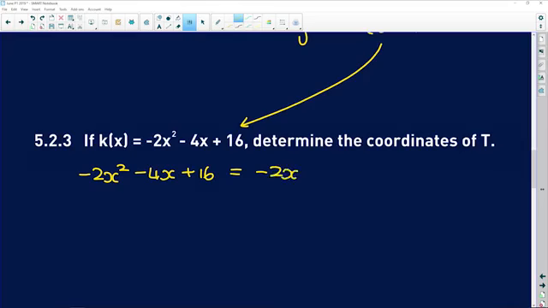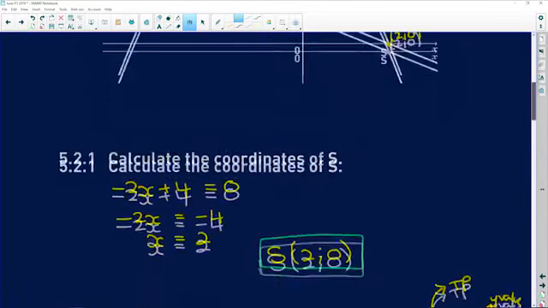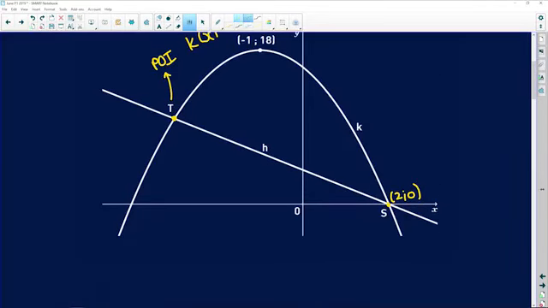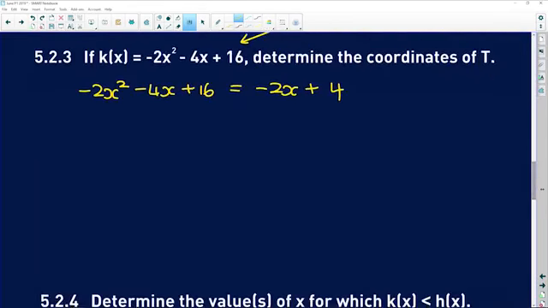Negative 2x plus 4. And obviously, guys, because this is a quadratic function, you're going to get two different values because these graphs intersect at two different areas. So you should get x equals 2 and then another x value for t. So let's go and have a look. Negative 2x squared minus 4x plus 2x is negative 2x, and 16 minus 4 is 12.